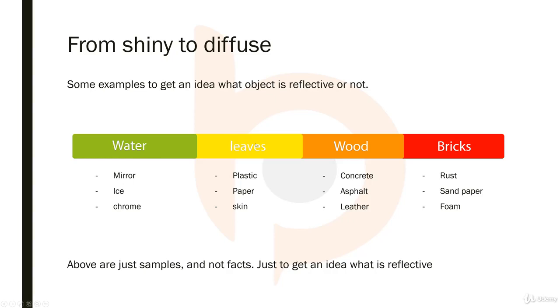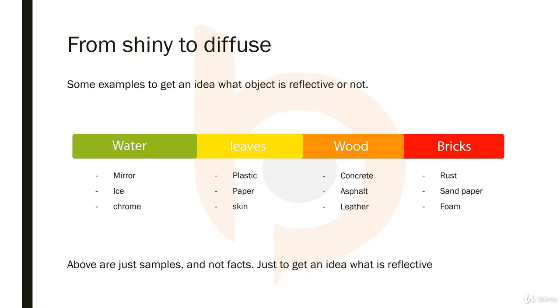Now we have the leaves, and things like plastic, paper, and skin have the same kind of aspects. And then we have wood, that's more diffused, and the brick with things like rust, sandpaper, and foam. And this helps maybe a little bit to understand how reflective a certain kind of object is.